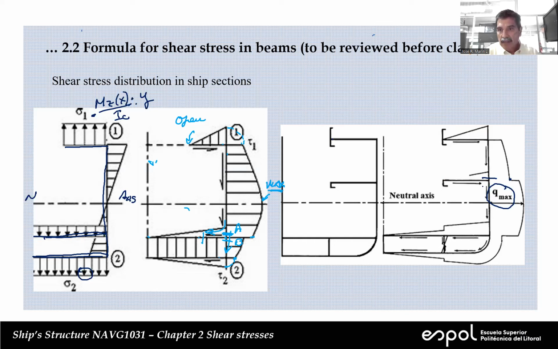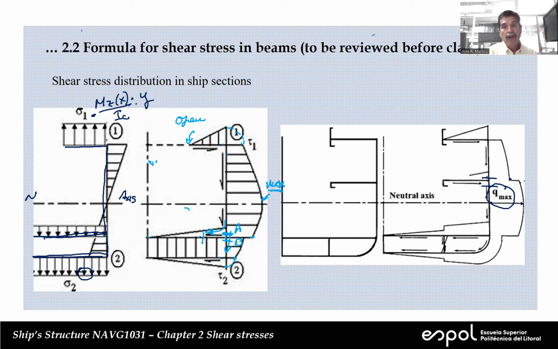If you make a cut just a little bit below the bifurcation, then you have to consider this area and also the area from the lower deck. That's why you have an increment from here to here. Then you can continue. You find the maximum at the neutral axis.